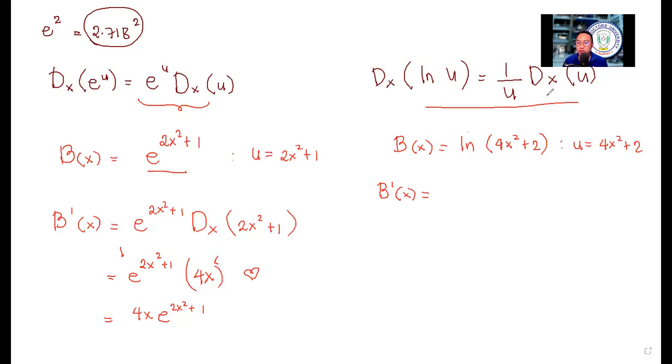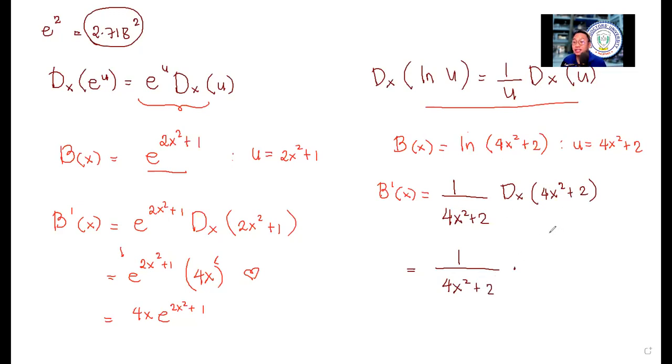Agree? So doing the pattern that we have, we have 1 over 4x squared plus 2 times the derivative of u. Our u, guys, is 4x squared plus 2. And then this becomes 1 over 4x squared plus 2 times, remember, times.